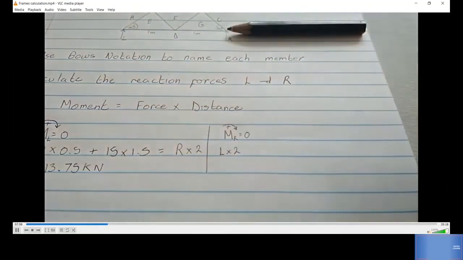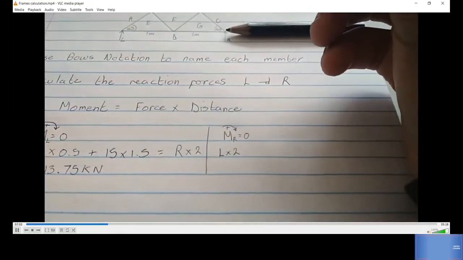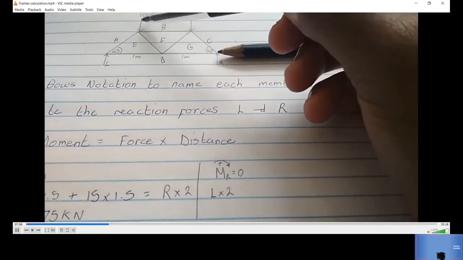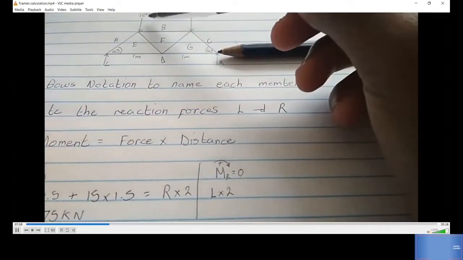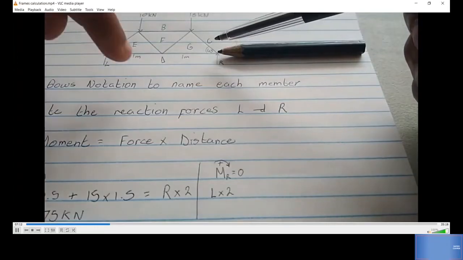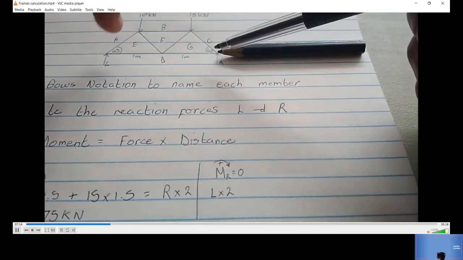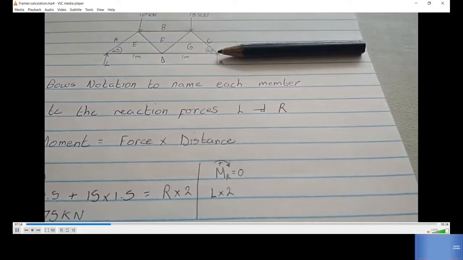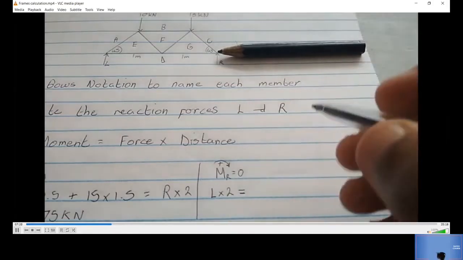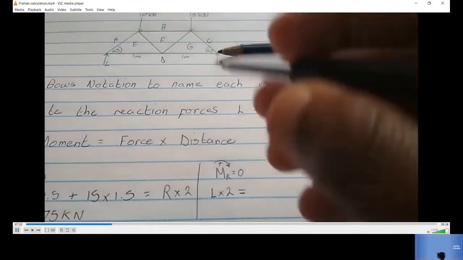Okay, so it's going clockwise. Now, as you can see from here, these forces, if you're standing here, are causing the frame to go anti-clockwise. So we're just going to put an equal sign to put them on the other side so that they'll be positive instead of negative.